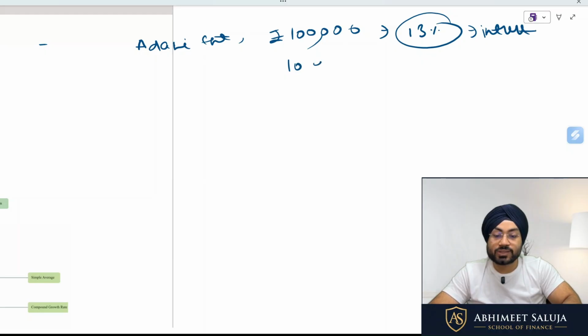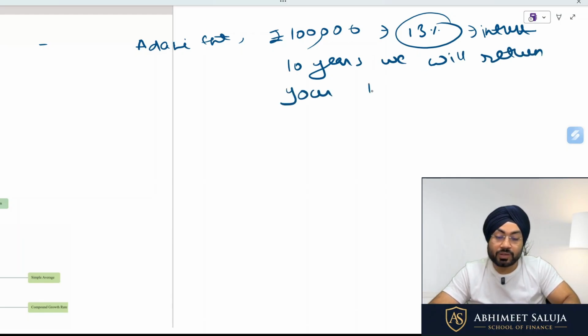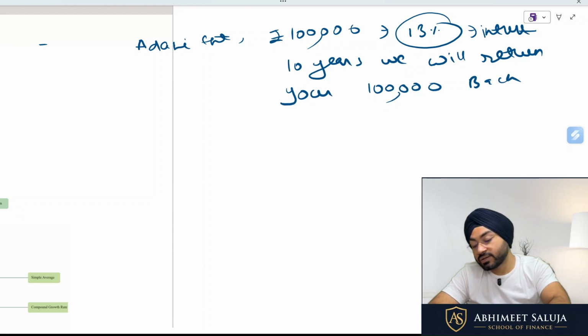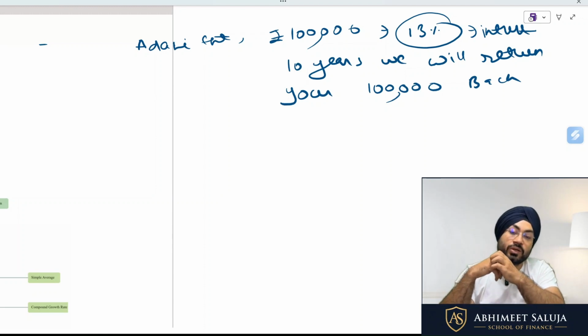And after 10 years, we will return your capital amount to you back. Right? This is what Adani Enterprises came up with as an offer.